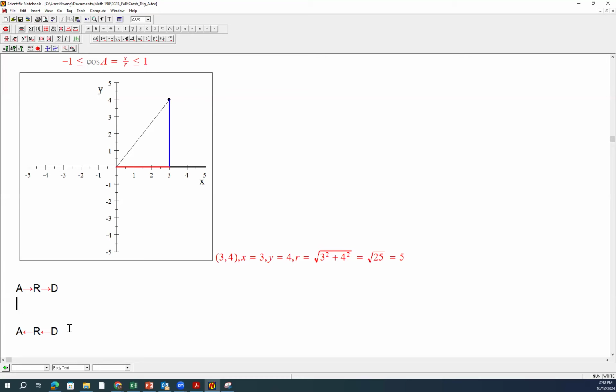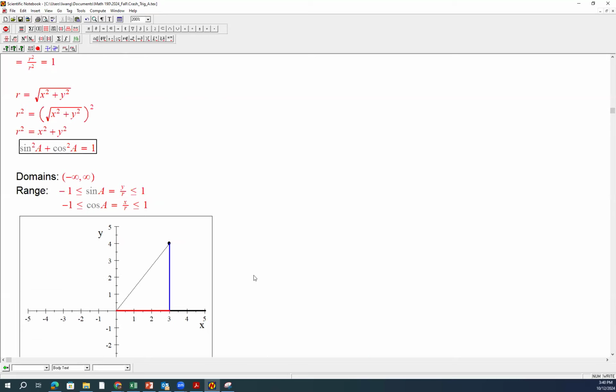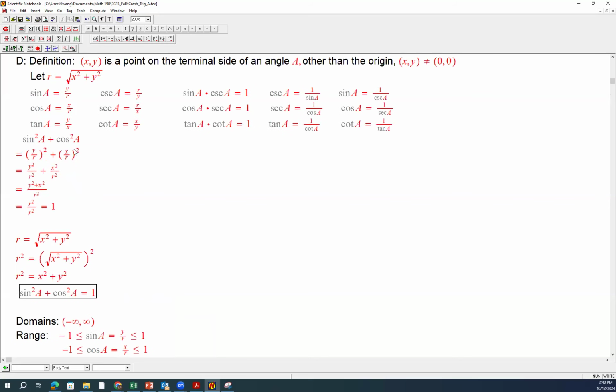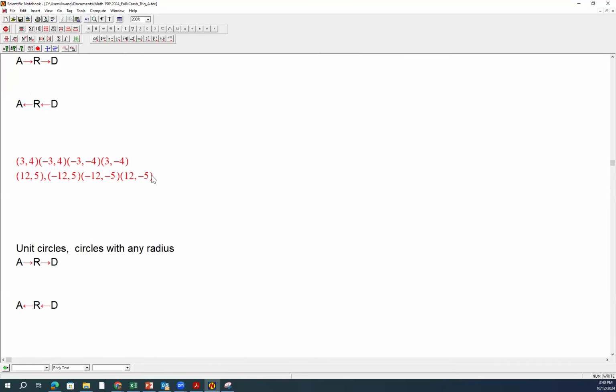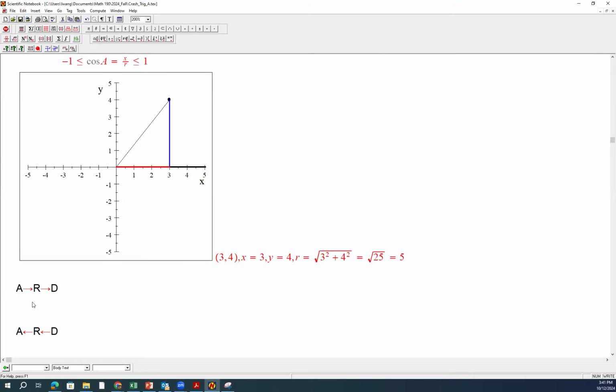So we're going to see some examples of A to D. Okay, so here we got some examples, and we're going to apply ARD to them, right? With all of these discussions, we have done the definition. So let's look at ARD one more time. So from A to D, I prepared all of these examples, and I wish you guys to work with me.